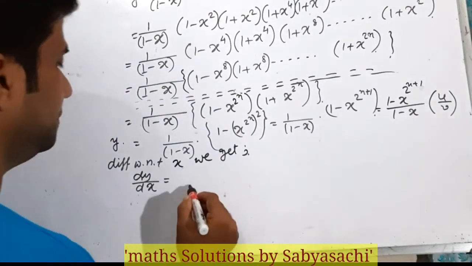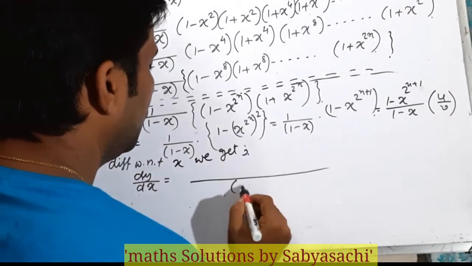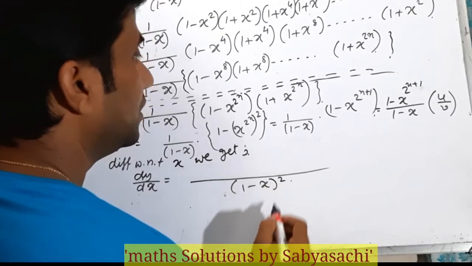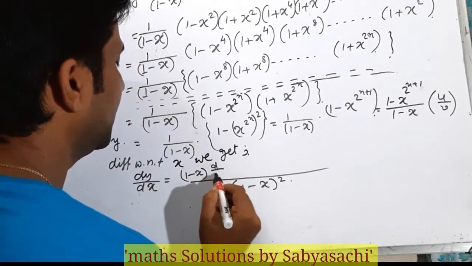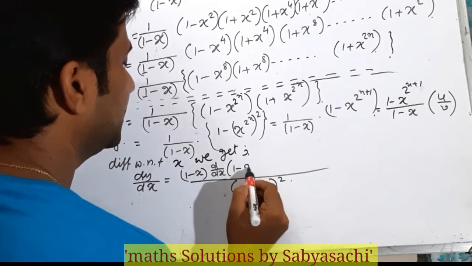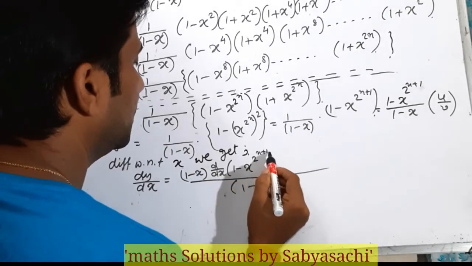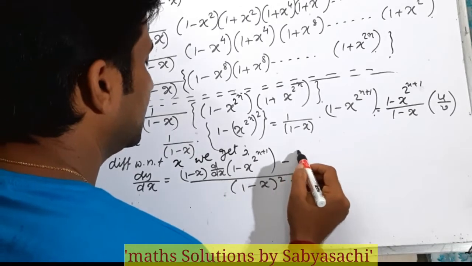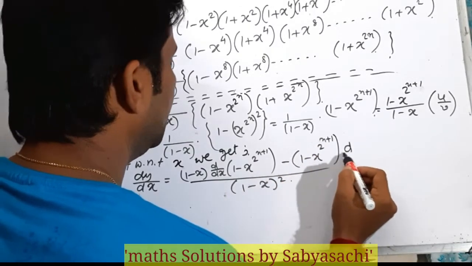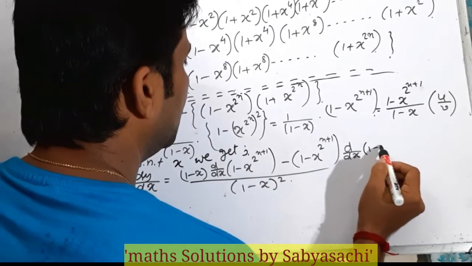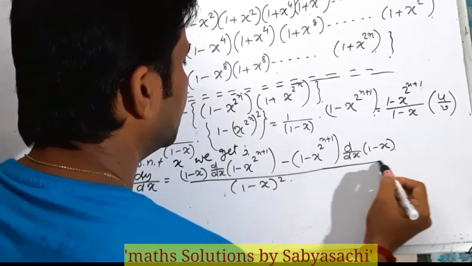That means (1 minus x) whole square, (1 minus x) into d/dx of (1 minus x to the power 2 to the power n plus 1), minus (1 minus x) whole to the power 2 to the power n plus 1 into d/dx of (1 minus x).